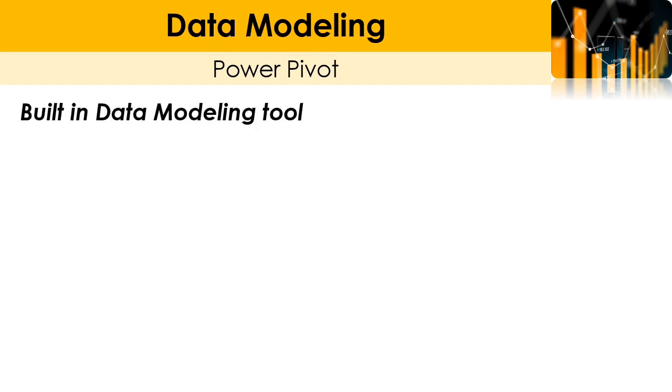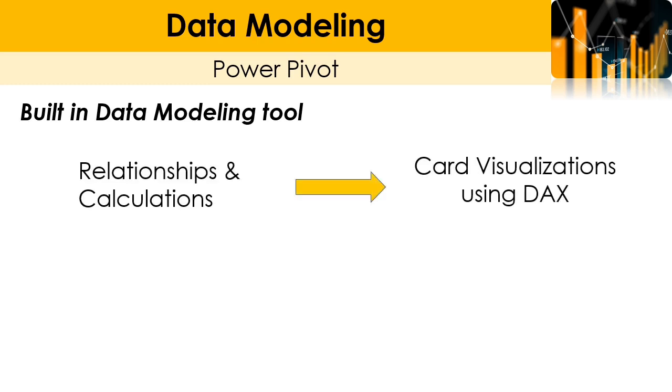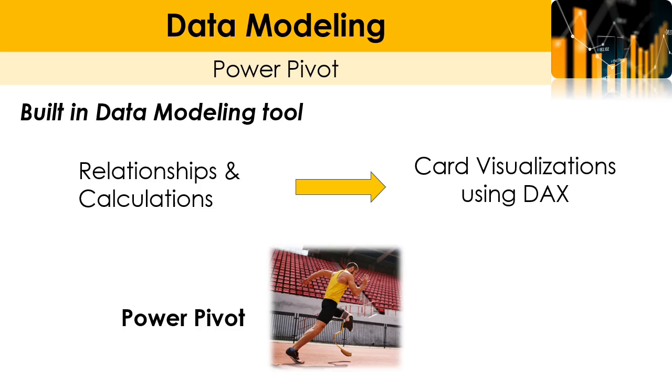It seizes on your data's most noteworthy relationships and calculations, and translates them into card visualizations using DAX language. You'll interact the most with Power Pivot while in the model views, which we will discuss more in the next video. Once Power Pivot has turned your data's relationships and calculations into models, it passes the baton, so to speak, to a technology called Power View.